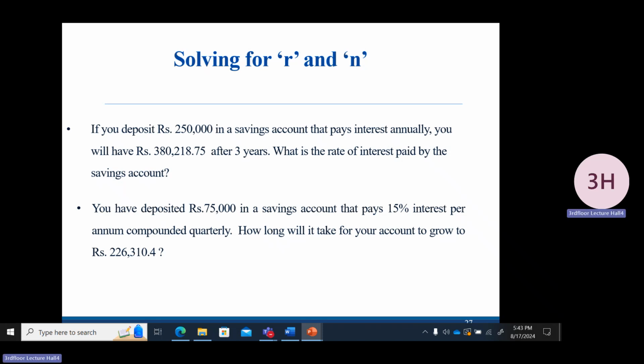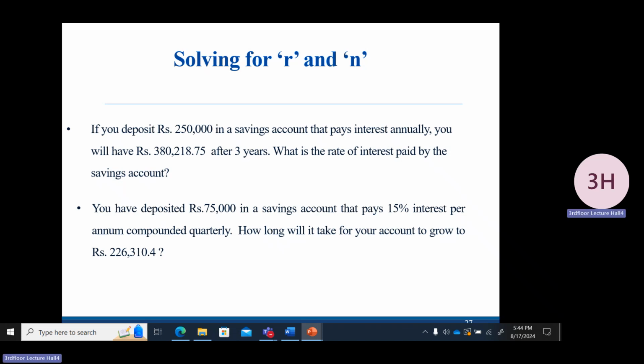Let's look at these two applications quickly. One: if you deposit 250,000 rupees in a savings account that pays interest annually, you will have 380,218.75 after 3 years. What is the rate of interest paid by the savings account?